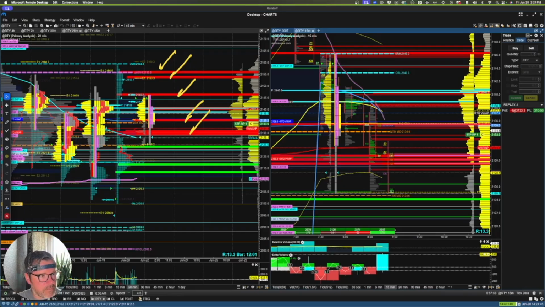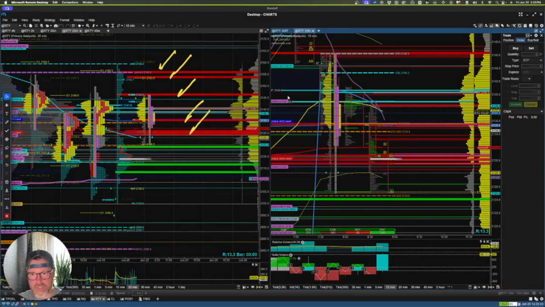Next question. In ES, would your profiling tools have indicated the bearish move from 670 to 610 at 8:50 Central? So that would have been right after the open, yeah. Let's turn this off and go back to real time.